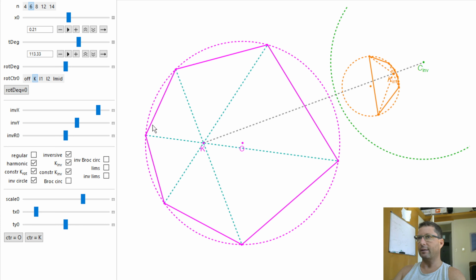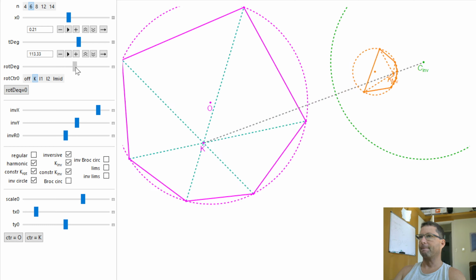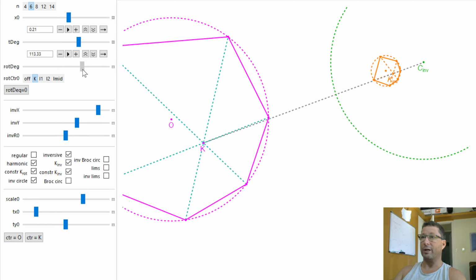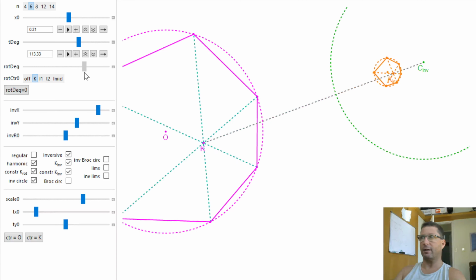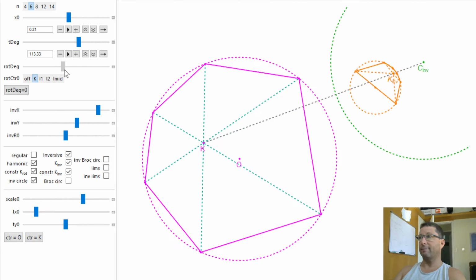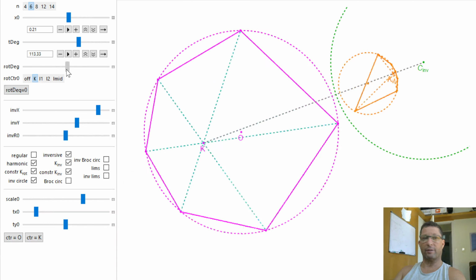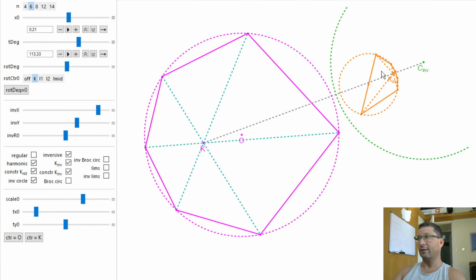What we saw was that if I rotated this polygon with respect to its symmedian point, and notice I'm rigidly rotating the entire frozen harmonic magenta polygon, I get an interesting motion to its inversive image with respect to this dashed green circle.